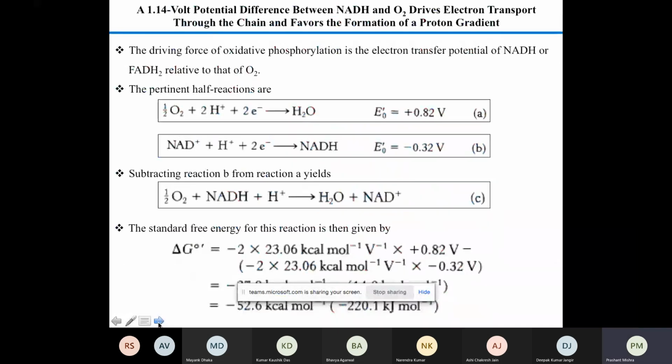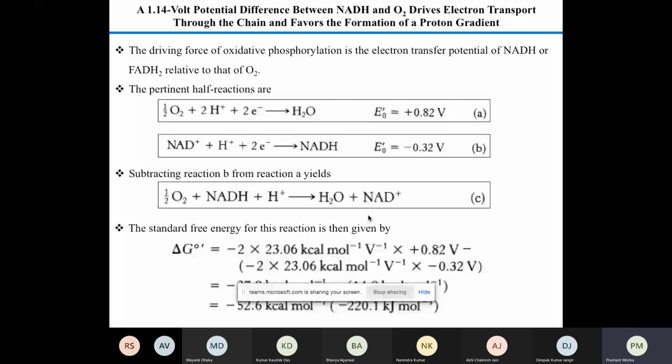And this is again a calculation which shows that if I take the half reaction of molecular oxygen to water, what is the electron transfer potential? And in the same way, when NADH transfers its electron and becomes NAD+, what is the electron transfer potential? Based on this, if I write the transfer of electrons from NADH to molecular oxygen, you can find out the delta G contribution for this reaction.